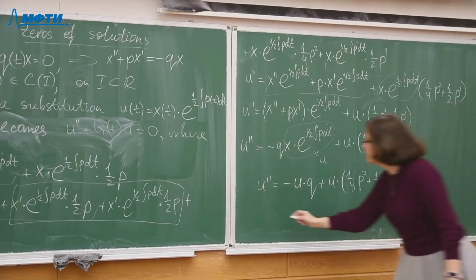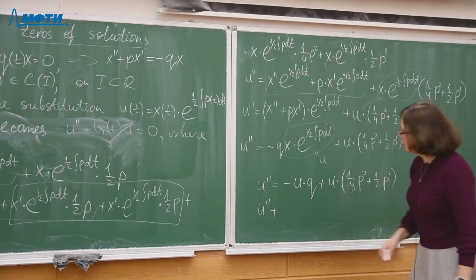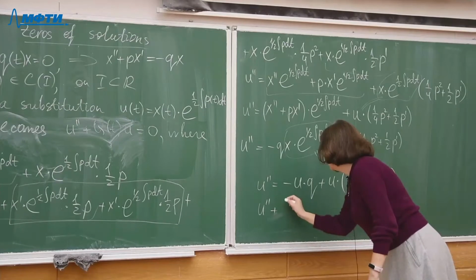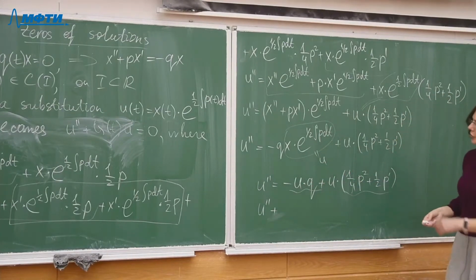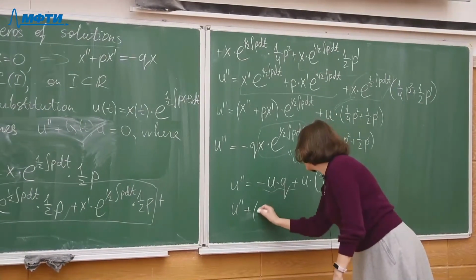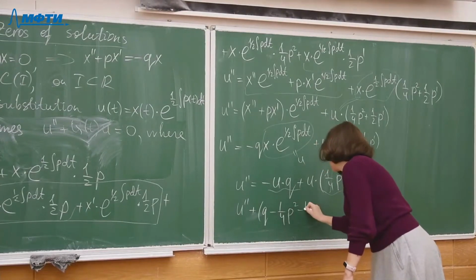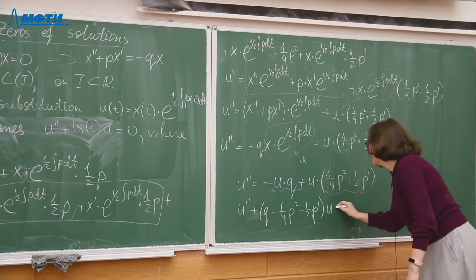And we can rewrite our equation as u double prime plus, if we move these two terms to the left, we will get the following: q minus 1/4 p squared minus 1/2 p prime times u equals 0.